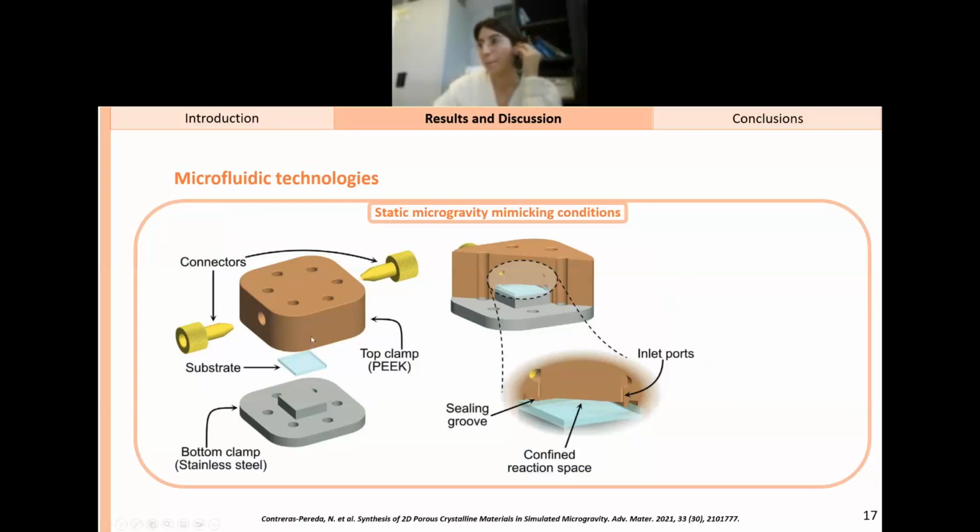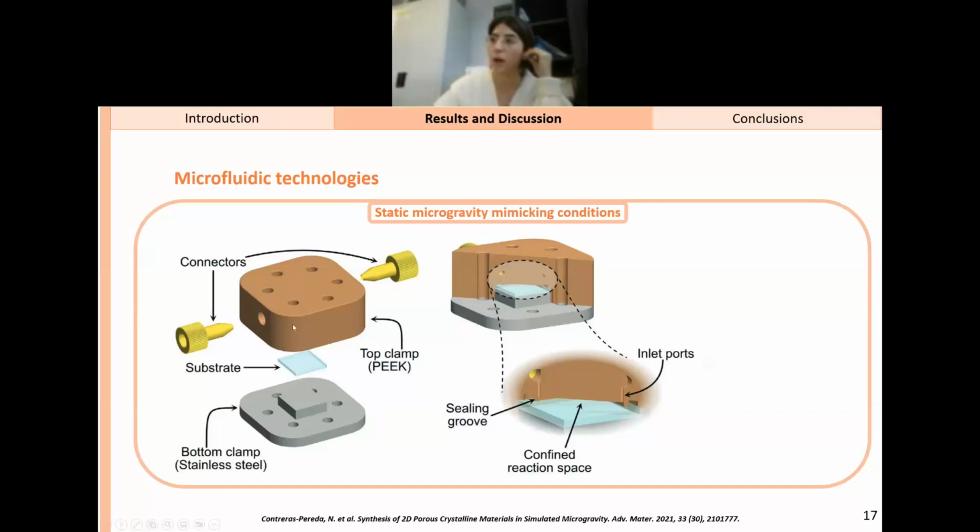In this case, the device is different. You have this top clamp made of PEEK and the bottom clamp made of stainless steel. Inside the top clamp there is a chamber, 200 micrometers in height, where you can place the substrate.